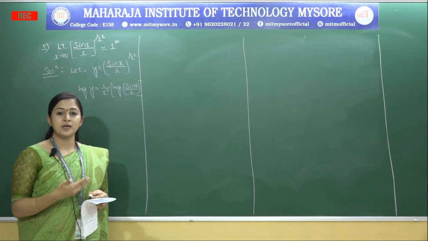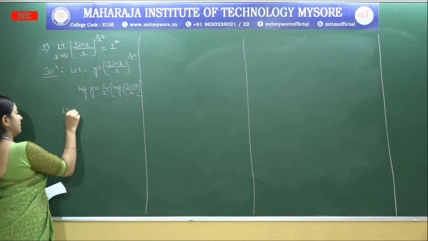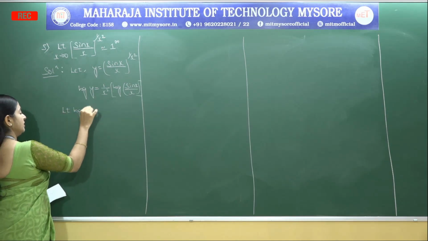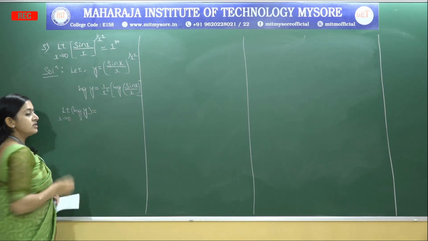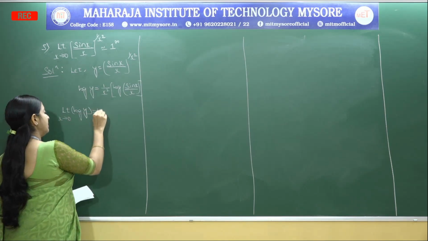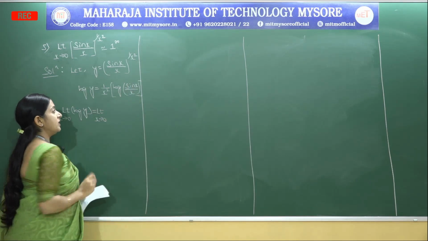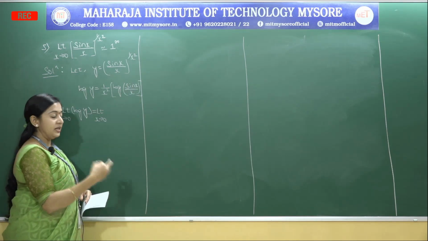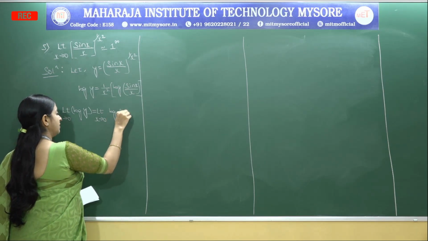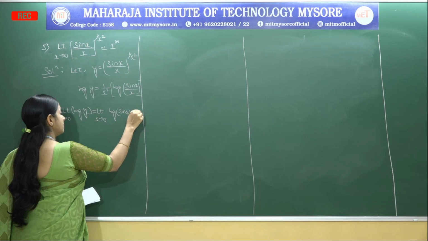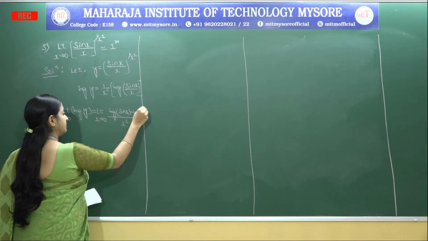Then as usual, apply the limit on both sides. Limit as x tends to 0 of log y equals limit as x tends to 0, applying the log m by n property, of log sin x minus log x, divided by x square.